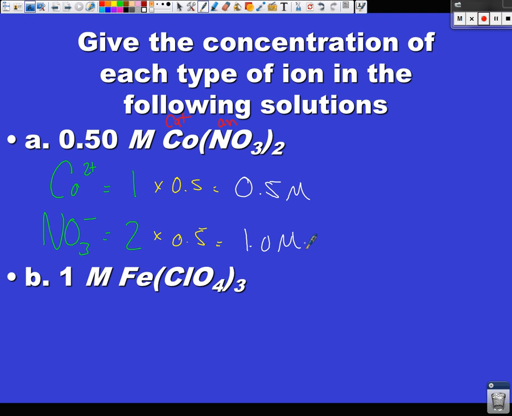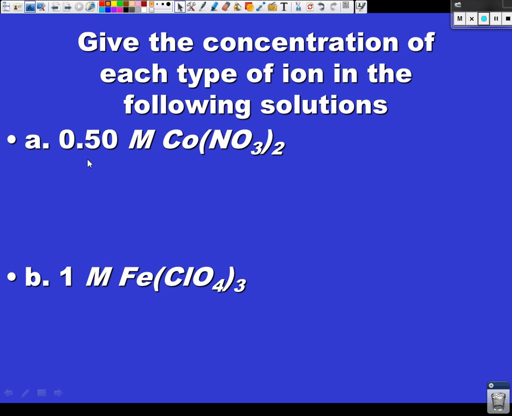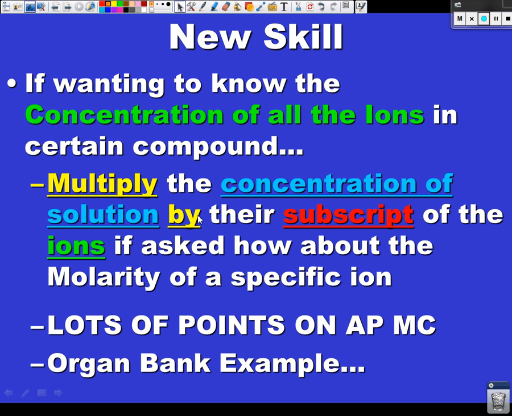Does that make sense? Elizabeth, you good? Nicole, it doesn't. Alright, so let's go back and look at the previous slide. The previous slide says to determine the concentration of the ion in the solution, multiply the concentration of the solution, which was 0.5, by the subscript of the ions.